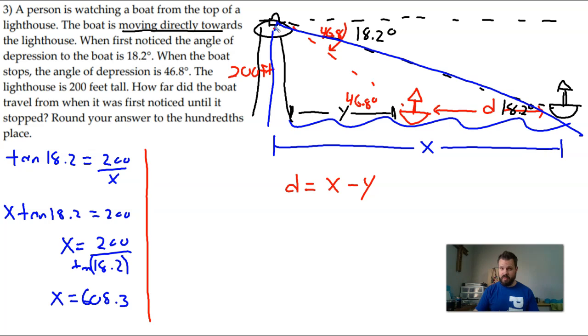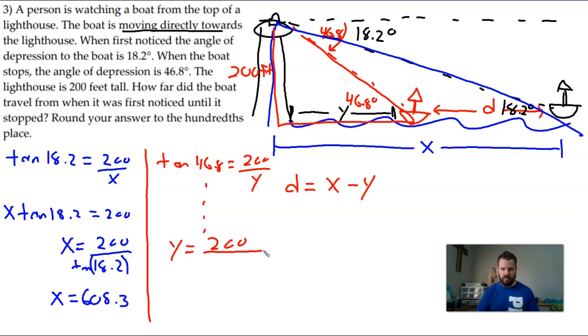All right, then I can do the same thing with this smaller triangle here with the 46.8. Tan 46.8 is equal to 200 over, we could say, the Y. Same thing, multiply both sides by Y, divide by the tan 46.8. That'll leave me with Y is equal to 200 over tan 46.8.